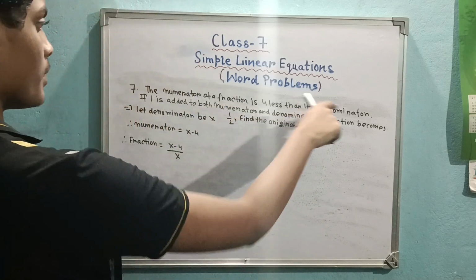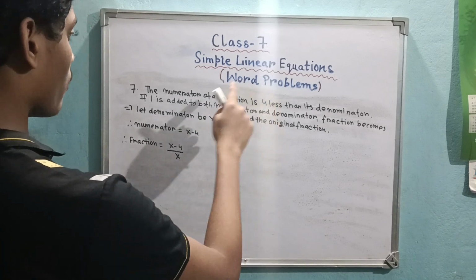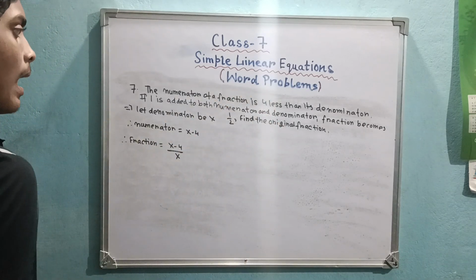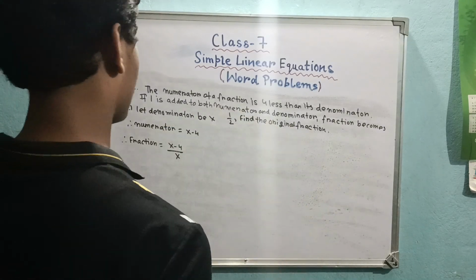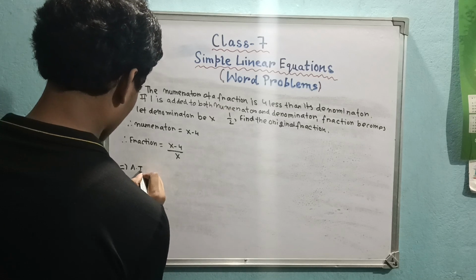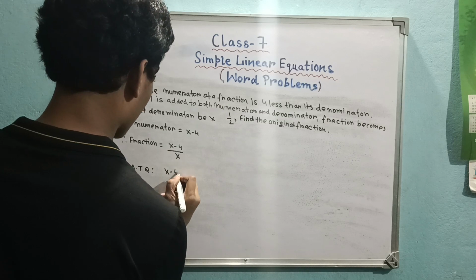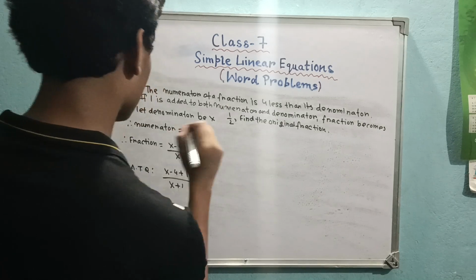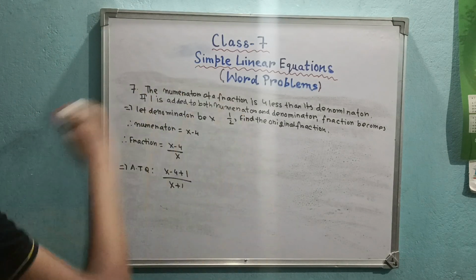Okay guys. So we have taken the denominator of the original fraction as x and the numerator is 4 less than x, so x minus 4 by x is the fraction now. Now it is said that if we add 1 to both numerator and denominator, let's do that. According to the question, x minus 4 plus 1 divided by x plus 1. See, I added 1 to both. So the new fraction will become 1 by 2.